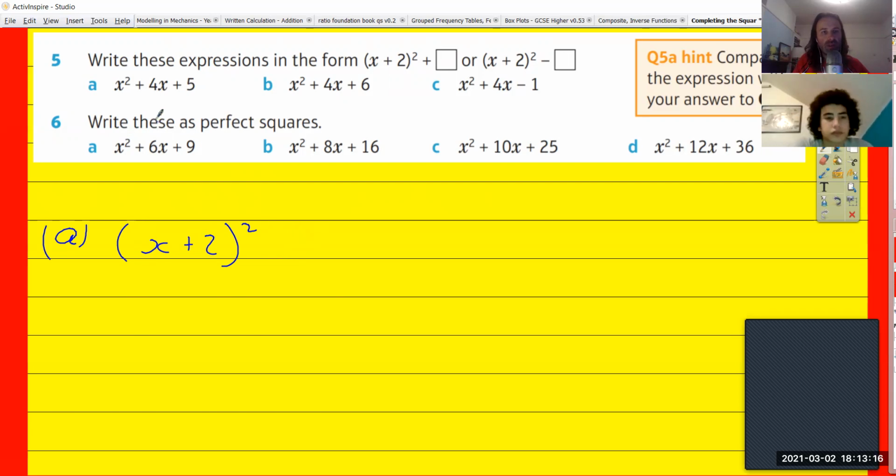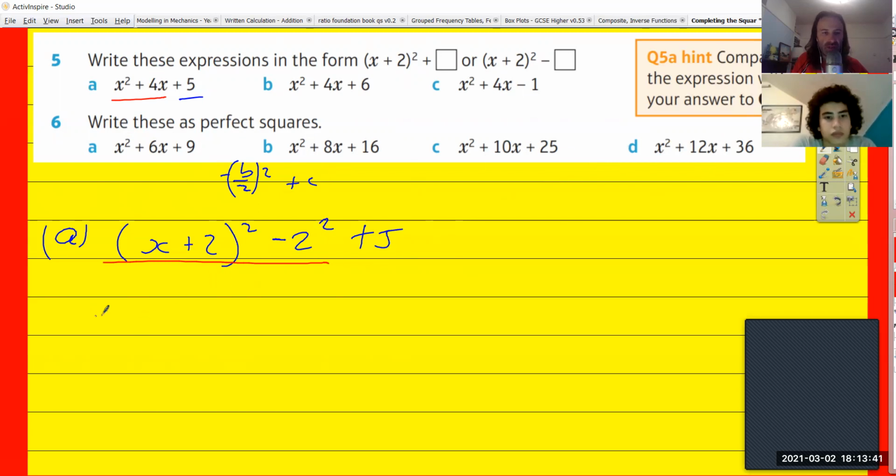So it's always going to be minus half of b squared plus c. So this will be minus the 2 squared and then plus 5. Also it'll be 1. Yeah, so the first part with the minus gives you the red part, and then you just add that on. Yeah, so that's plus 1.